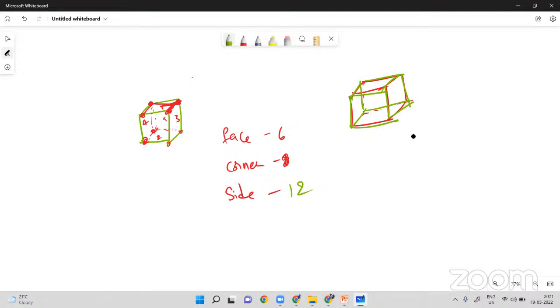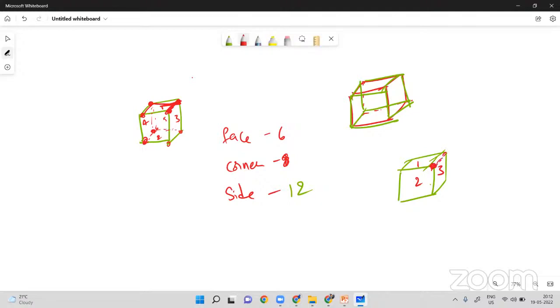So a dice has numbers or symbols on it. I'll take the same cube and write numbers on it like this: 1, 2, 3. But remember, when you are looking with respect to a corner, with respect to this corner, I am looking at the cube now.